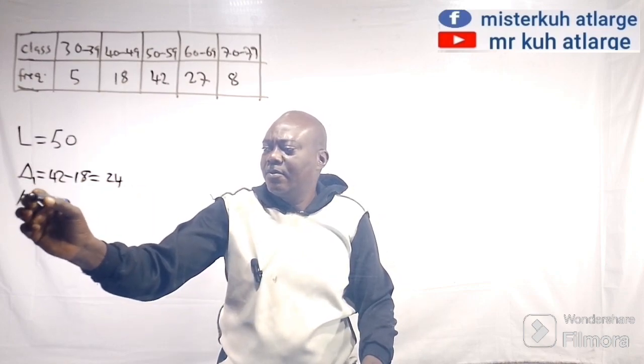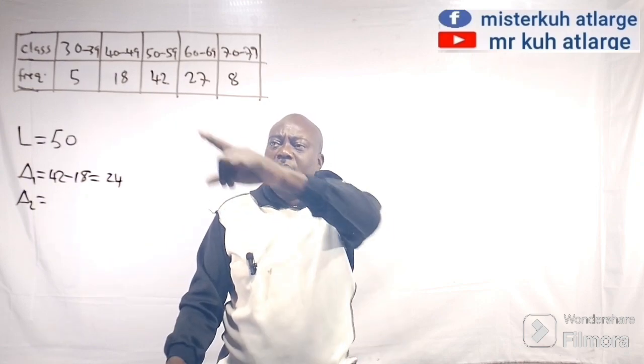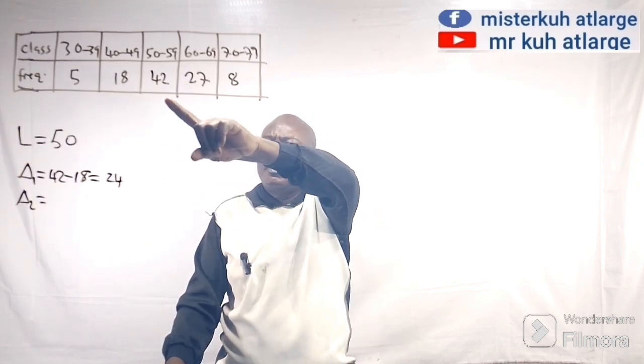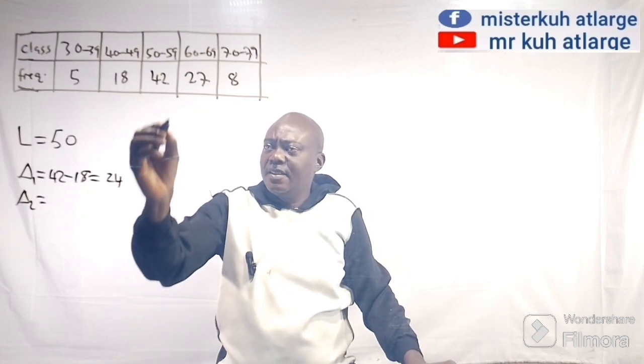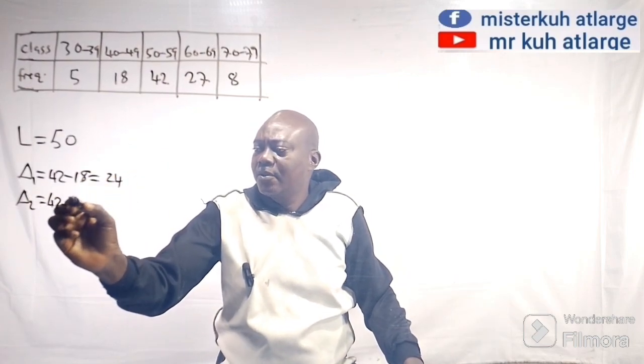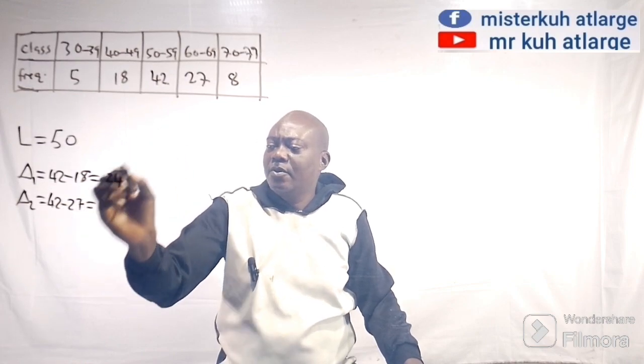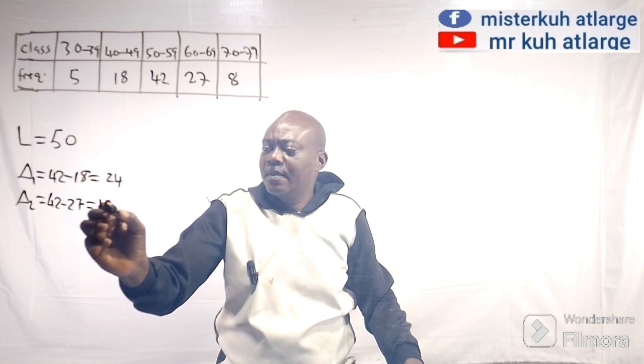Next, your delta 2. The frequency of the modal class minus the frequency of the class after it, which will give you 42 minus 27, which will be equal to 15.